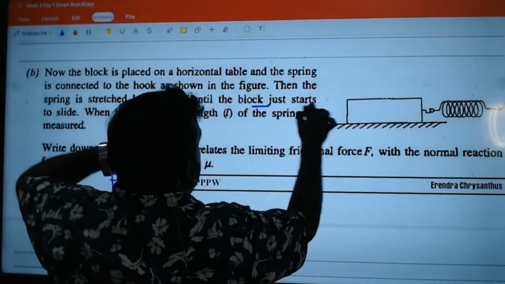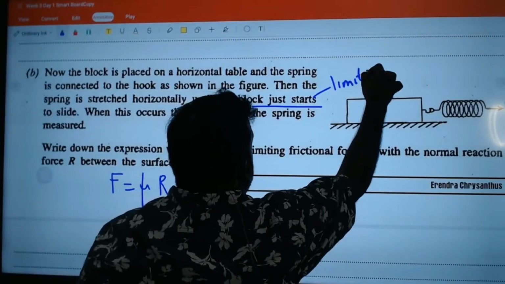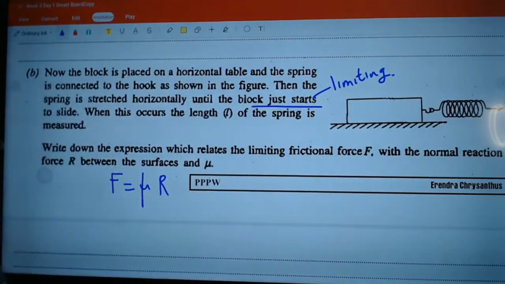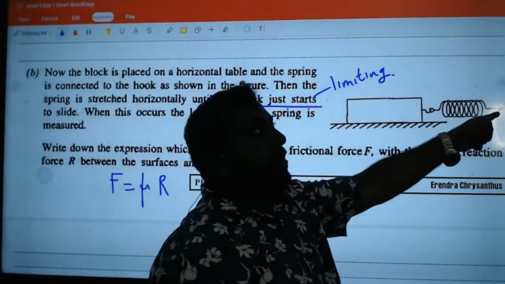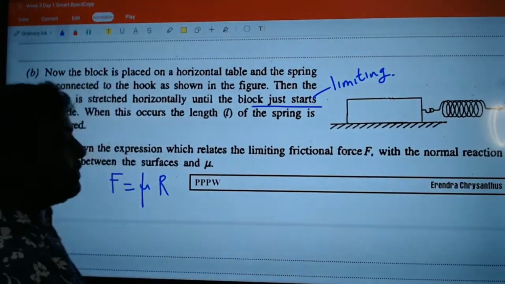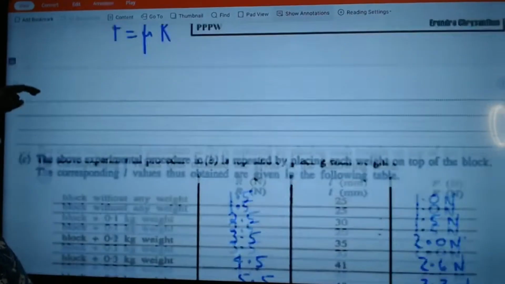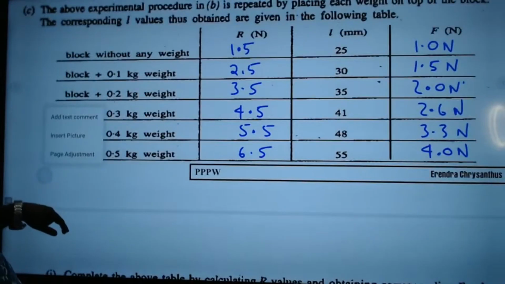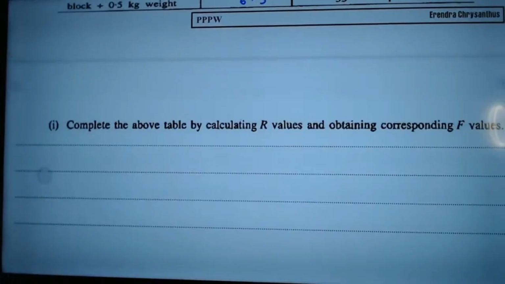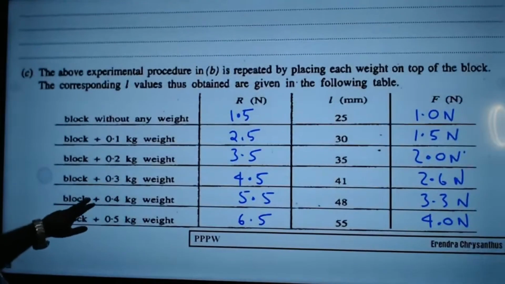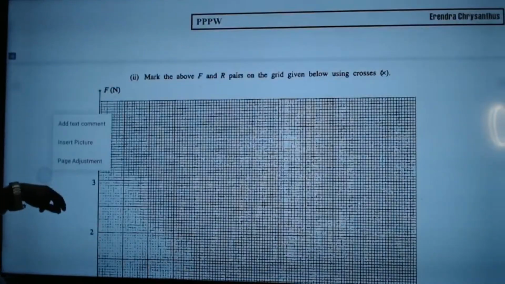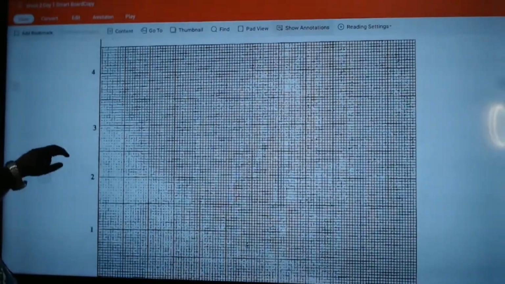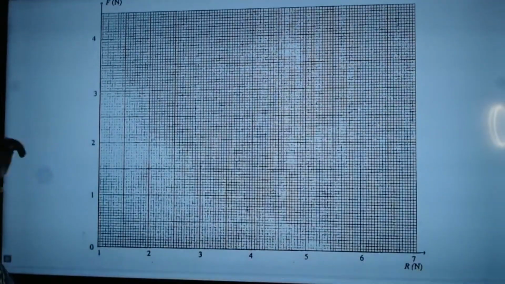Just starts to slide means limiting friction. When this occurs, the length is measured. So the force corresponding to the limiting friction point we know, right? Complete the above table by calculating R values and obtaining corresponding F values. Done. Mark the above FR pairs on the given grid. Right. So we can mark.